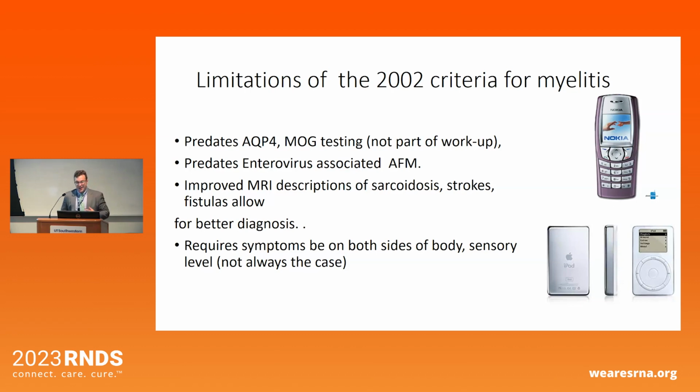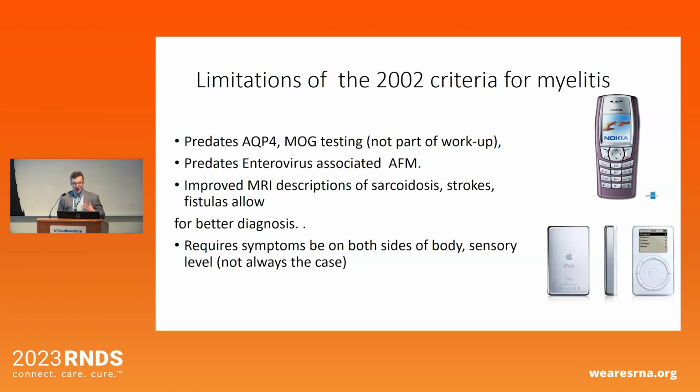Now, just like in today's world, we now have a device that merges seemingly all of our lives into one thing. We also have new technologies that are informing the way that we think about disorders like myelitis and optic neuritis. And so in 2002, we didn't have aquaporin 4 and MOG testing available. So those weren't recommended as part of the workup because they weren't part of it.